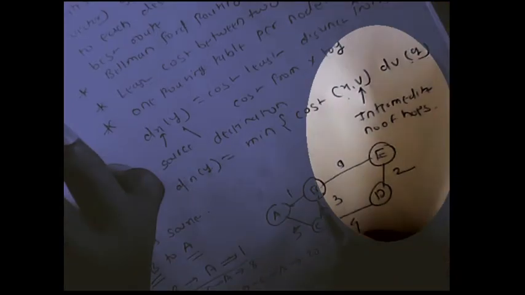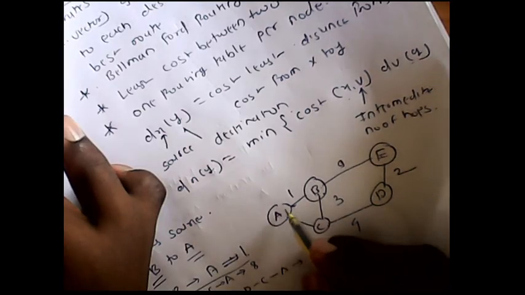Then another path from B to C, BAC, which costs 6. Then another path from B to C, that is BEDC, which is 9 plus 2 plus 4, that is 15.